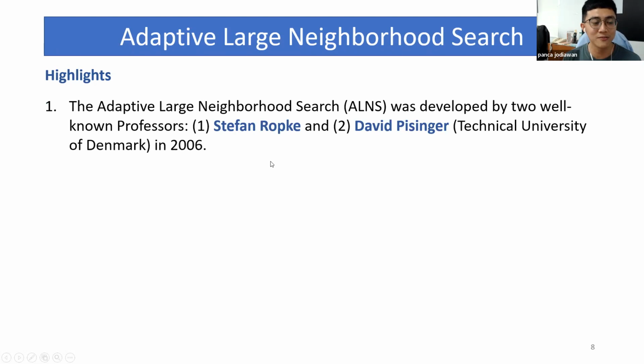Okay, let's talk about who invented the adaptive large neighborhood search, abbreviated as ALNS. From now on, I will use ALNS to represent the adaptive large neighborhood search. ALNS was developed by 2 well-known professors. I'm a big fan of them for sure.